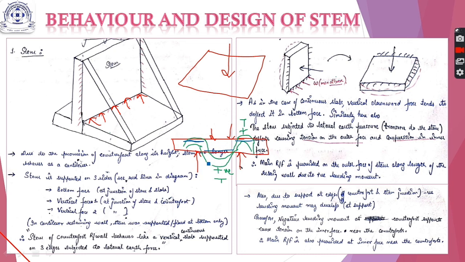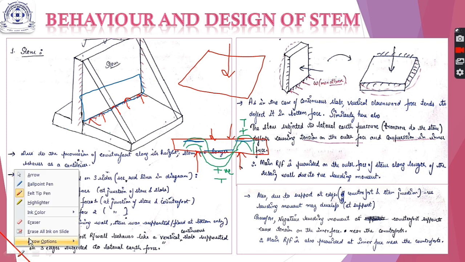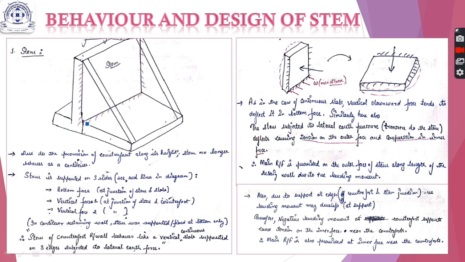So how is this stem similar to this continuous slab? Now picture this portion of the stem as a slab, or you can take any portion of the stem.